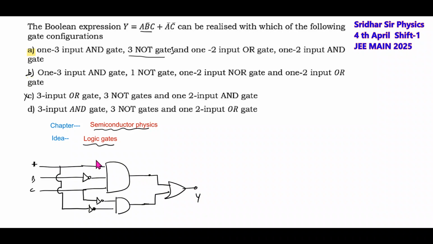Okay, possible, no? Here A, B complement, here C, C complement, here A complement, here A complement, C complement, here A, B complement C. This will become A B complement C plus A complement C. So how many are there? 3 NOT gates, 1 two input AND gate, 1 three input AND gate, and an OR gate.